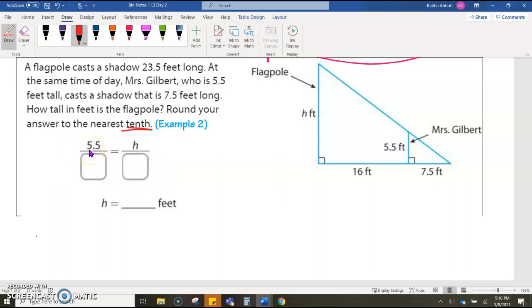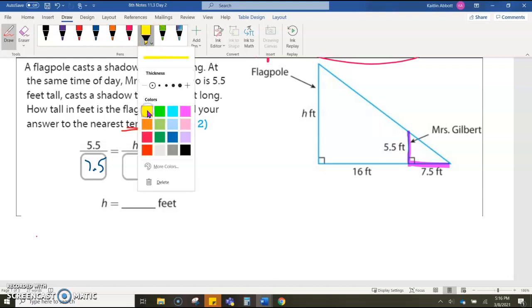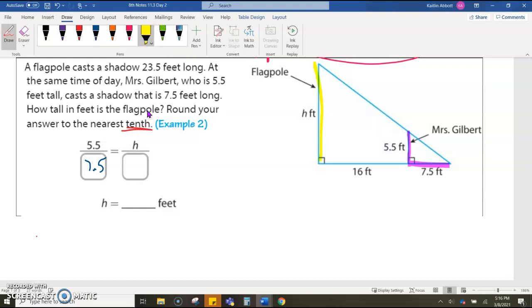We have 5.5. What number goes with 5.5? Is it 16? No, 5.5 is the height of this little triangle. So I need the length of the little triangle. The length of the little triangle is 7.5. So I'm going to write 7.5 here. And now h is the height of the tall triangle, or the bigger triangle.